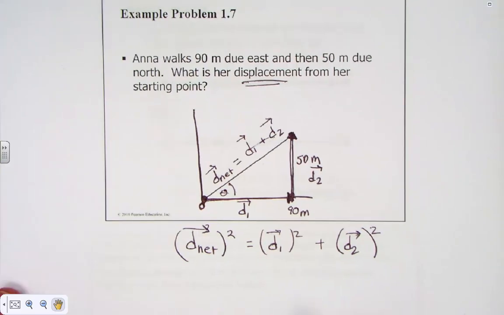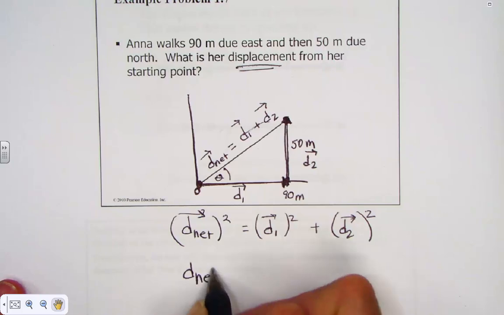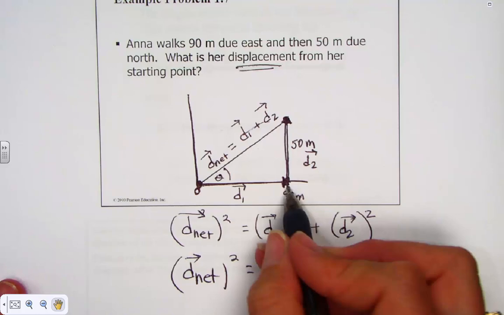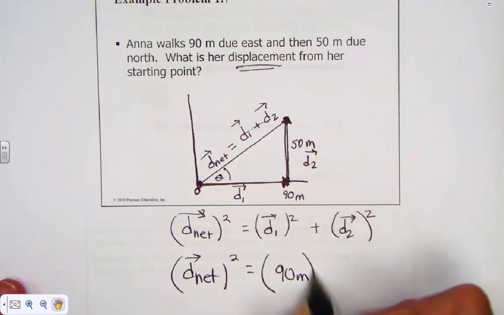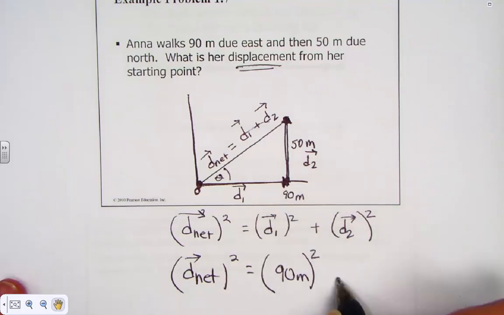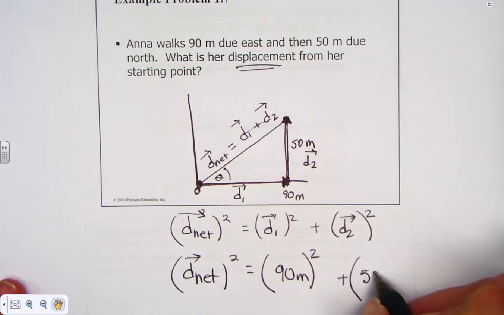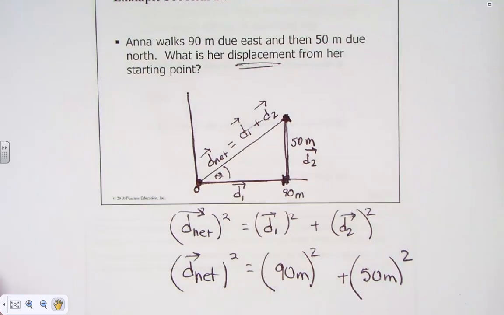Let's put that into what we're looking for. d net, vector quantity, squared, is equal to 90 meters, d1, squared, plus vector quantity 2 here, 50 meters squared. Pythagorean theorem. The length of the hypotenuse of a triangle is equal to the sum of the squares of the lengths of the sides.